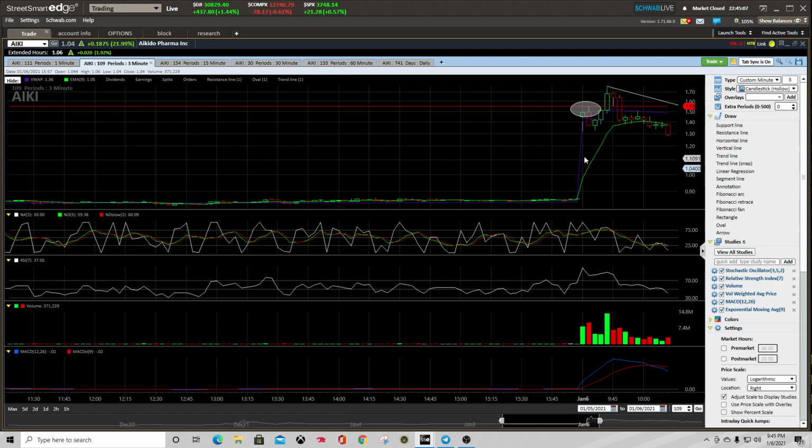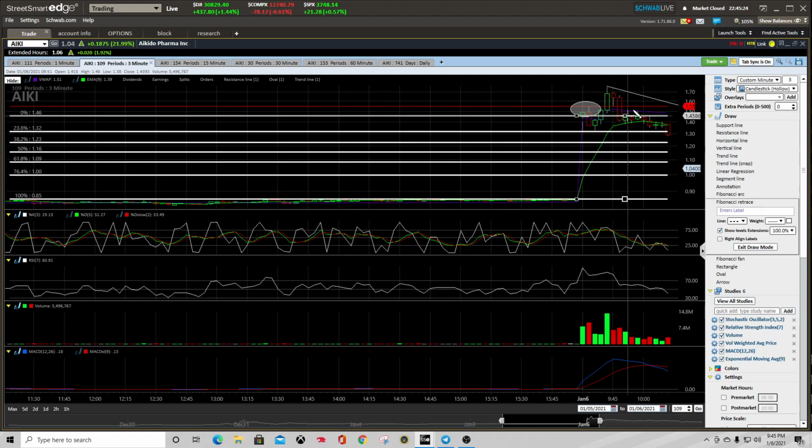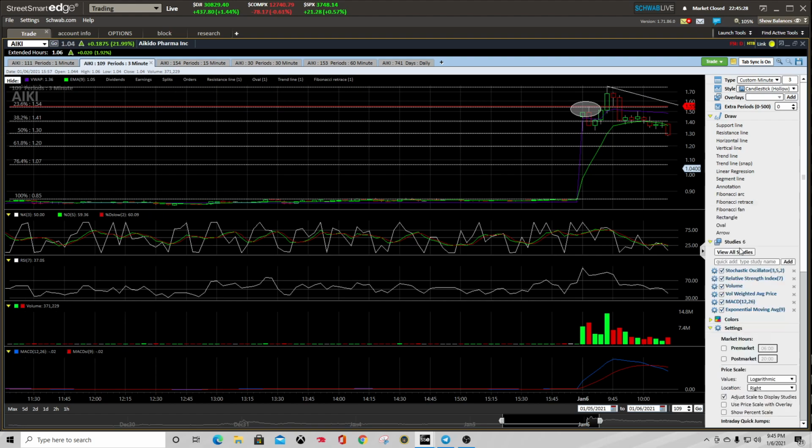So we had the trade line right here. At the time, it was actually curling up more, and I was expecting a trade line VWAP cross. Also, if you draw out your fibs, I believe a fib level lined up with it. Yes, the 23.6 fib lined up with the initial morning high, and the 38.2 fib lined up with the trade line.